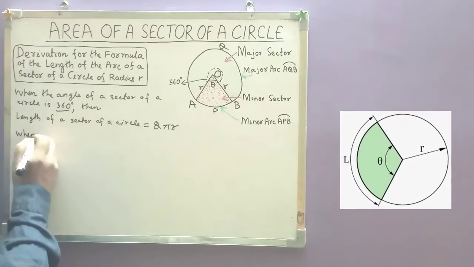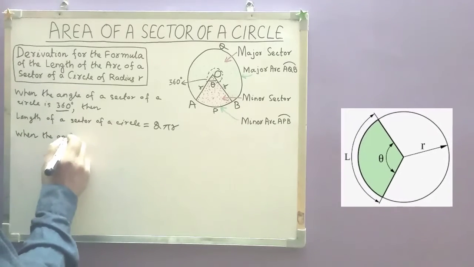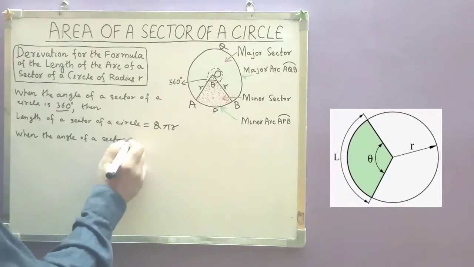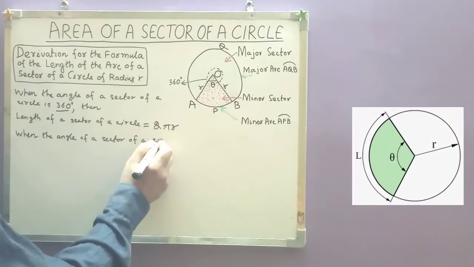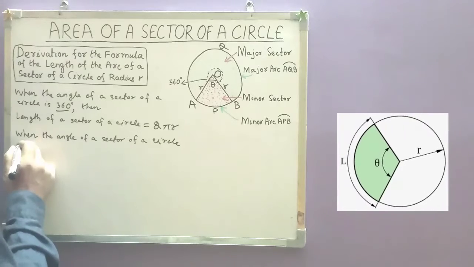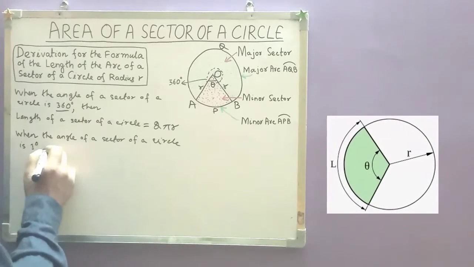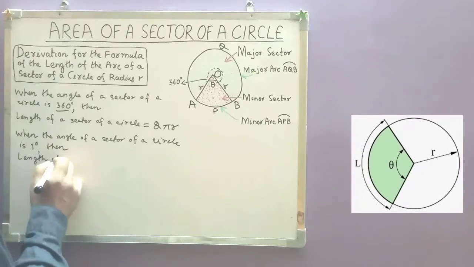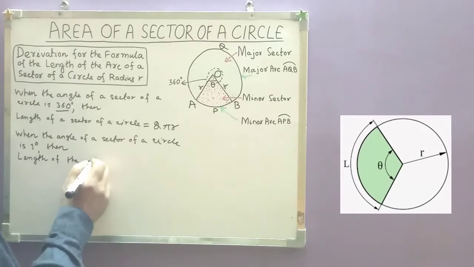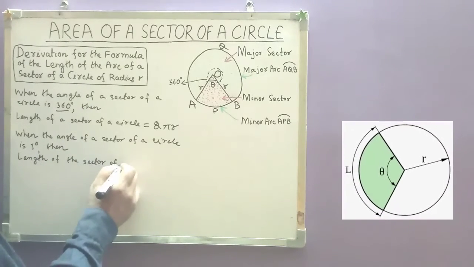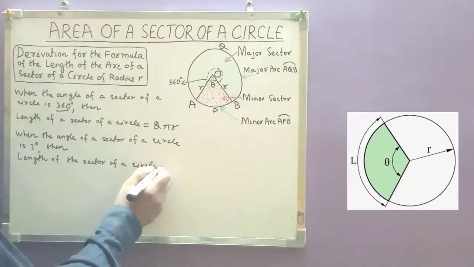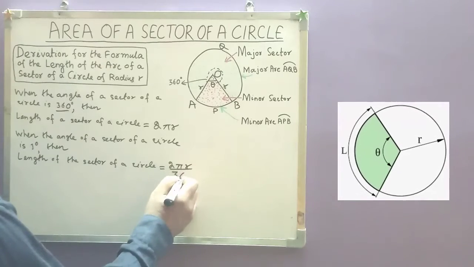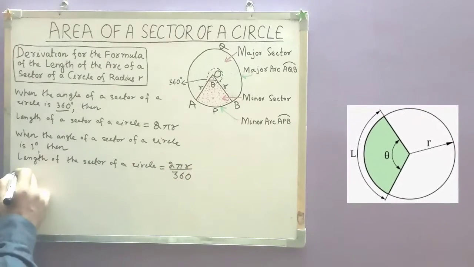When the angle of a sector of the circle is 1 degree, then the length of the arc of the sector so formed is equal to 2 pi r upon 360.